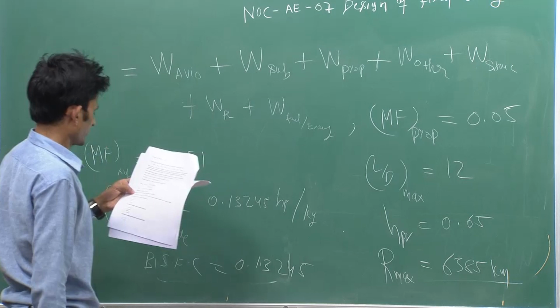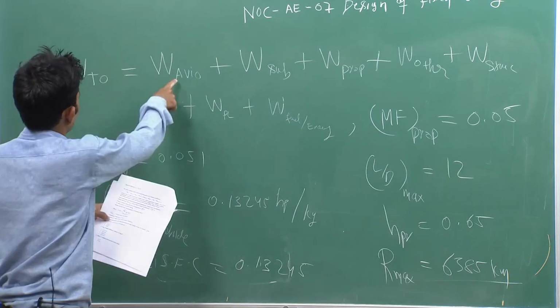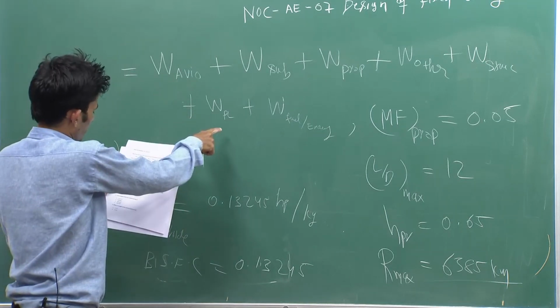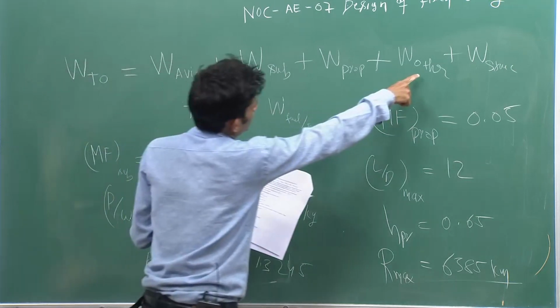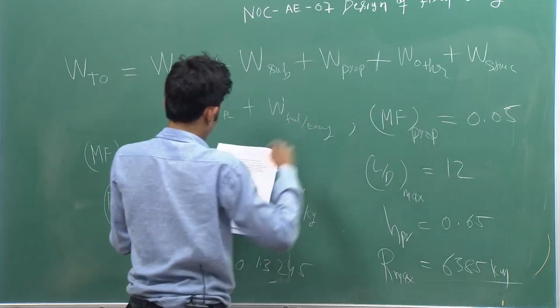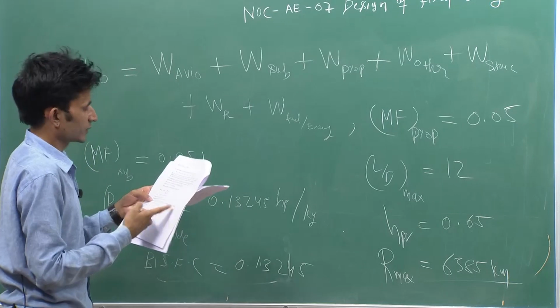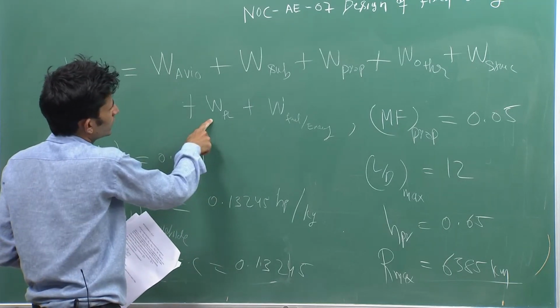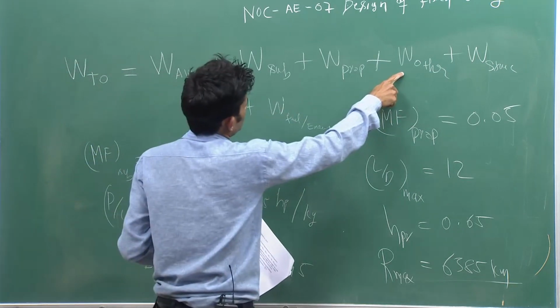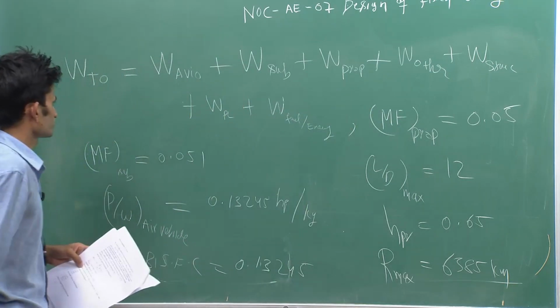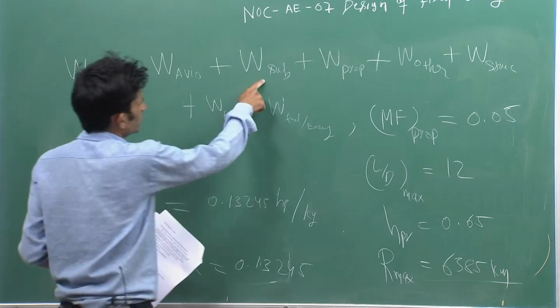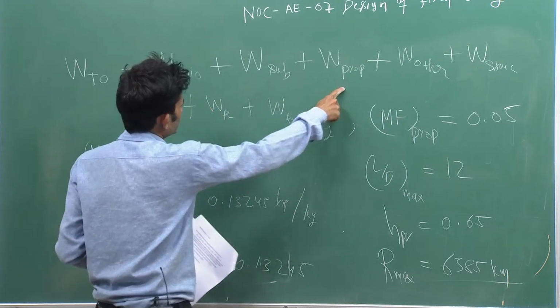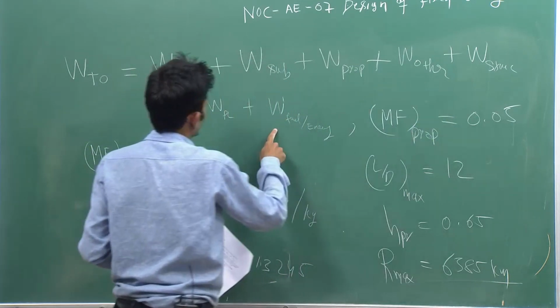And it is given that W avionics, payload and others together weigh 50 kg, meaning W avionics plus W payload plus W others is equal to 50 kg. W subsystem, W propulsion system, W structures, W fuel.